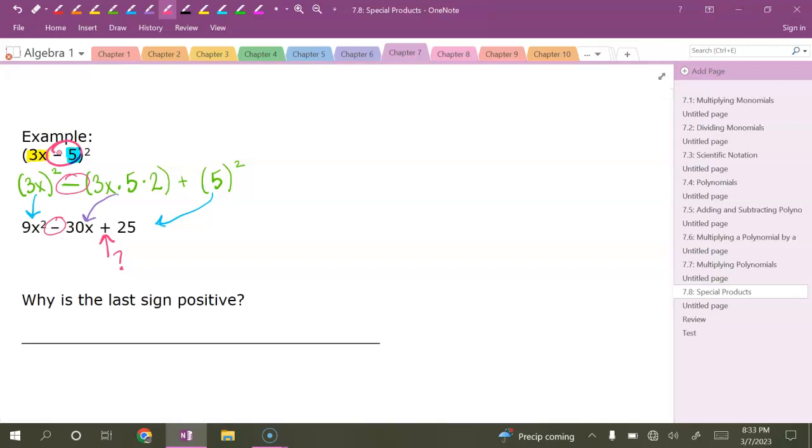So if I'm taking negative 5 times negative 5, I should get a positive 25. So the reason why that last sign stays positive is because a negative times a negative equals a positive.